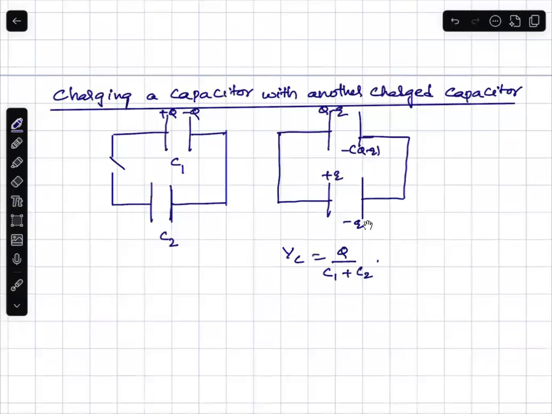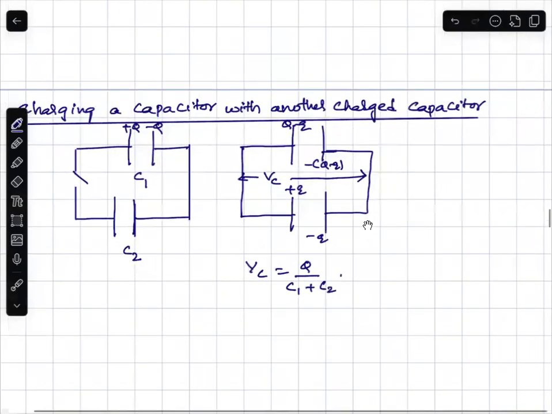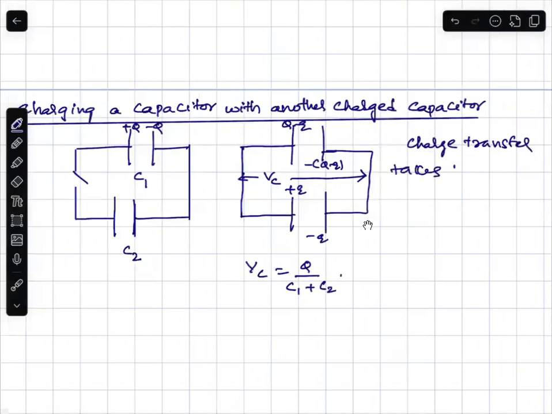Yes, because finally this is the common potential. Till they attain common potential, charging takes place. Once the potential drop across C1 is the same as the potential drop across C2, charge flows. Once common potential is arrived, no further charging takes place. So charge transfer takes place till they attain common potential.